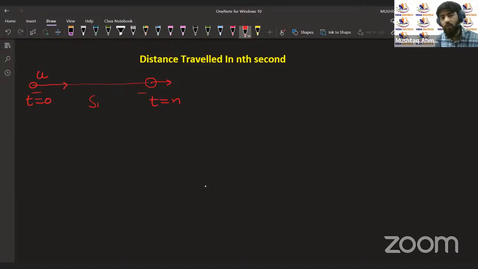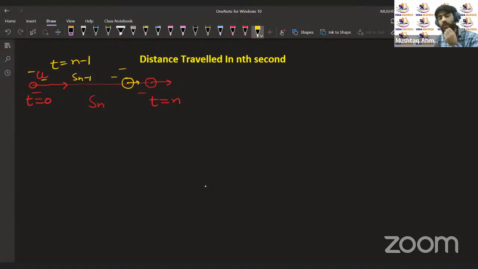This particle is moving along a straight line. And suppose that 1 second before, the particle would have been here, at time t equal to n minus 1 second. Let me call the distance from here to here Sn minus 1, right?